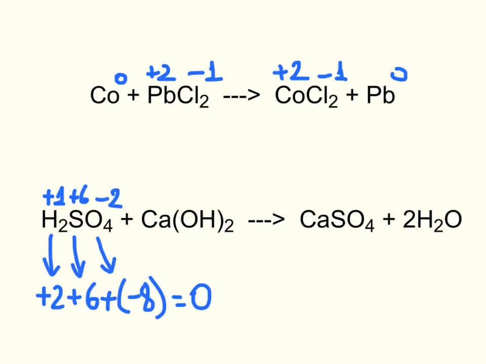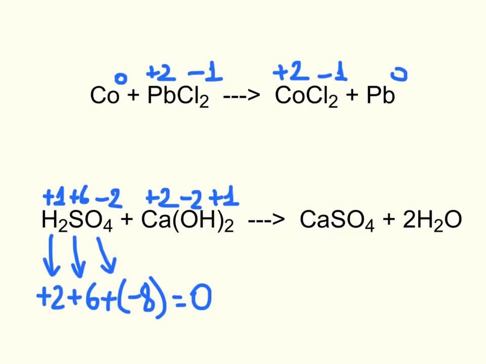Perfect. Let's continue. This hydrogen within this hydroxide ion would have a charge, of course, plus 1, the oxygen minus 2, and calcium belongs to the group number 2, so the charge is once again predictable, plus 2.